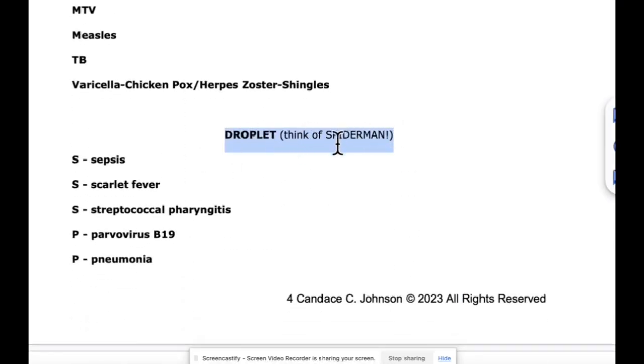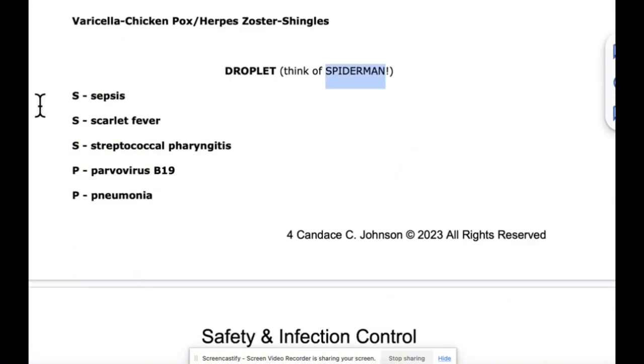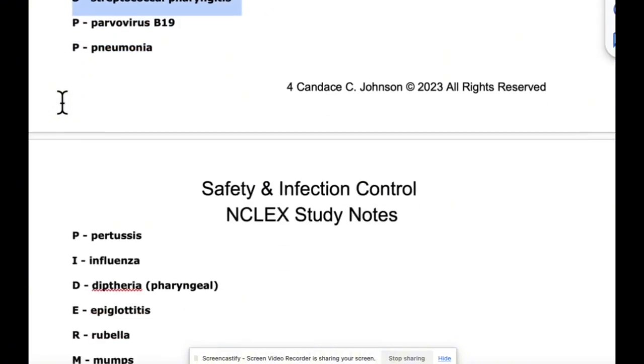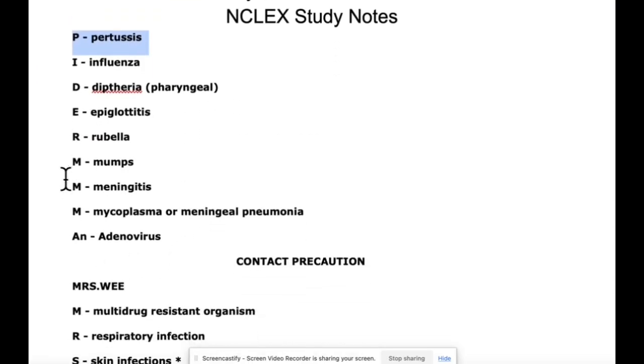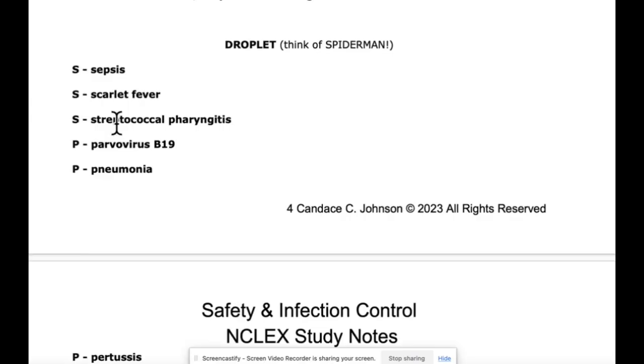Droplet, have you ever heard of Spider-Man? Spider-Man but with three S's, right? For sepsis, scarlet fever, streptococcal pharyngitis. Like three P's for parvo, pneumonia, and pertussis. I think it even has three M's for mumps, meningitis, and meningeal pneumonia or mycoplasma, which is kind of TB, right? So have you thought about the three?